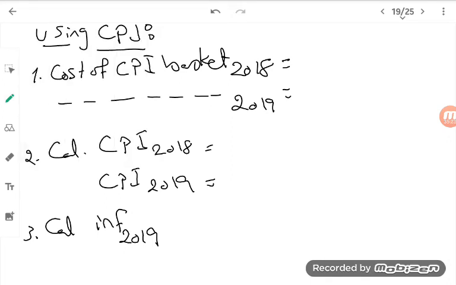In 2018, it's going to be calculated as 40 multiplied by 5 plus 20 multiplied by 3 plus 40 multiplied by 1. So the total is 300.